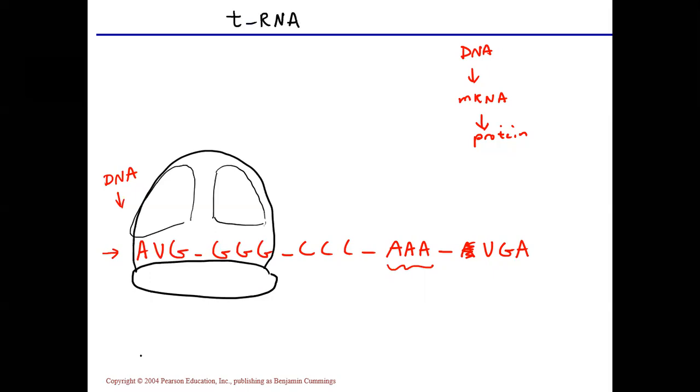Now, transfer RNA, again, is RNA. Transfer RNA or tRNA possesses what's known as an anticodon. Anti means opposite, so it codes for the opposite of the codon. If you remember AUG, using the universal coding system, if you look at that chart, it codes for methionine or met.